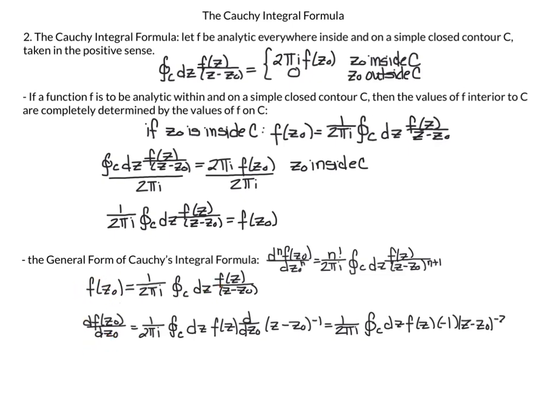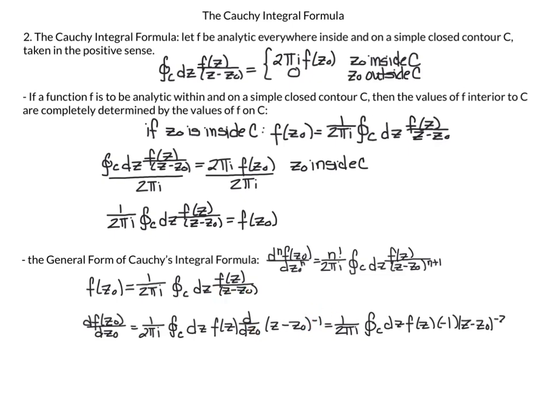So on the left-hand side, I have df of z naught over dz naught, is equal to 1 over 2 pi i, the constant just stays, integral over C dz, f of z, since f of z is not dependent on z naught. But then I take the derivative of my z minus z naught raised to the negative 1.